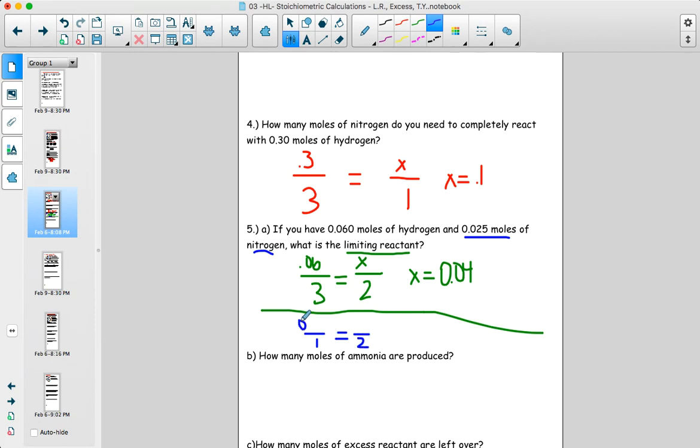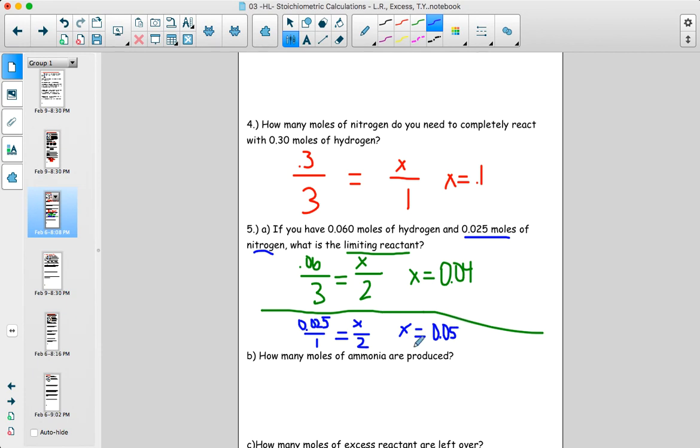So 0.025, and here's my moles of ammonia. So it has to follow the 1 to 2 ratio. So this is enough nitrogen to make 0.05 moles of ammonia.